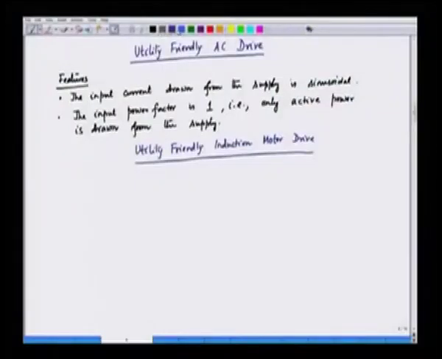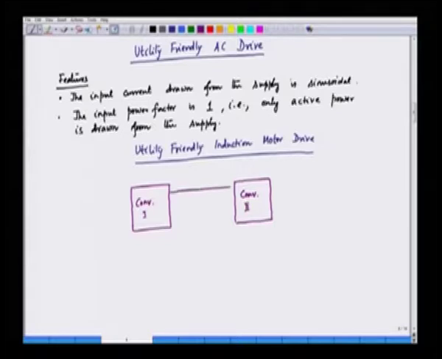So, we have 2 converters here: converter 1, and then the converter 2, and in between we have the DC link, this is VD or VDC, and we have the motor, the induction motor, IM stands for the induction motor, and then the front end converter is connected to the input supply. So, we have the input AC here.